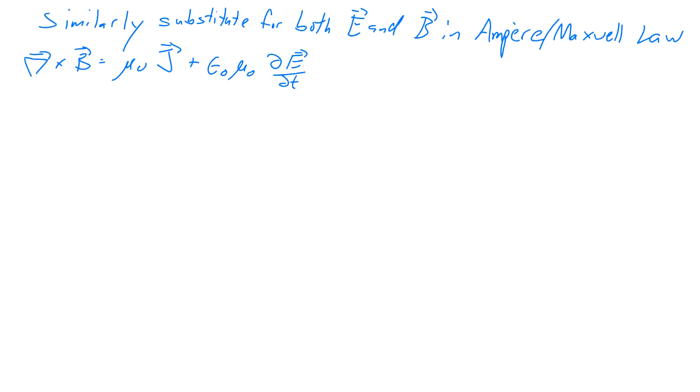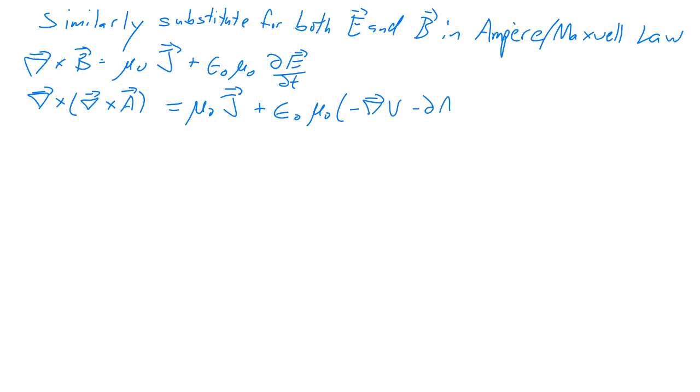We're going to substitute in for B and E. So I'm going to write this out as curl of B is the curl of curl of A, and that's equal to, I'm going to leave the mu naught J alone, and then plus epsilon naught mu naught, and our E is negative gradient of V minus dA dt.